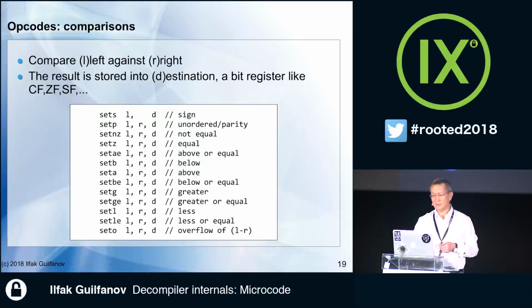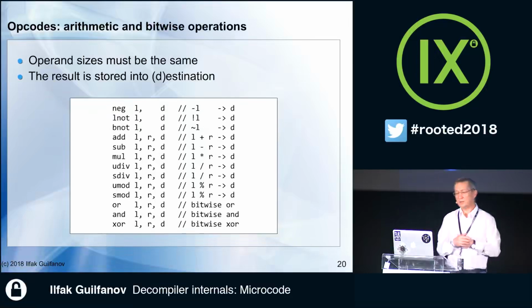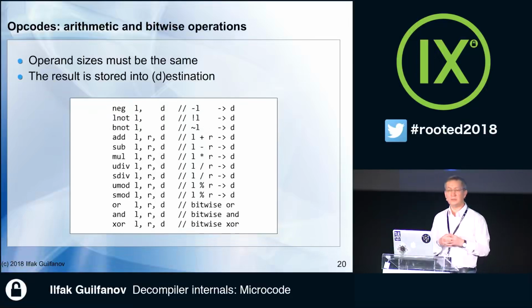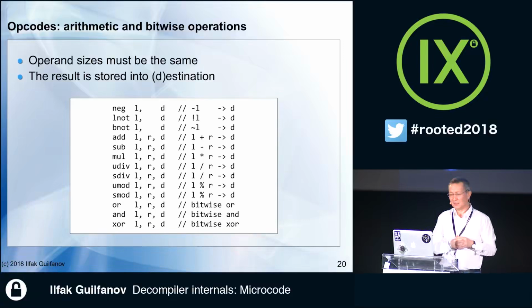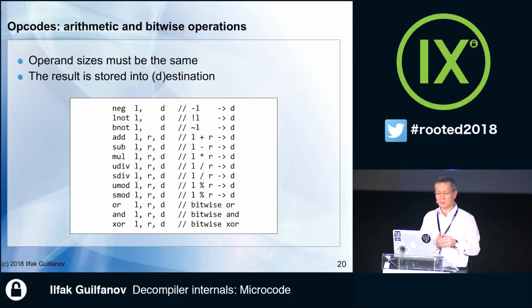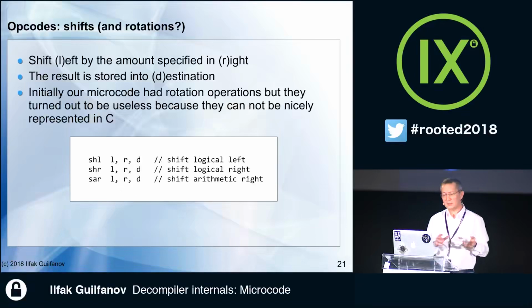Very standard stuff. We have lots of arithmetic and bitwise operations. I don't see anything to say about them, just the standard set. Please note that we have signed and unsigned division and modulo operations. We need them.